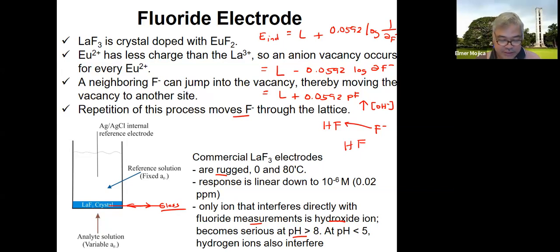So that's what we call the crystalline membrane electrode. And there's another set of this, what we call crystalline membrane electrode. I didn't include them. So usually they are what? The one that's based on silver salts. Since they are made up of what?